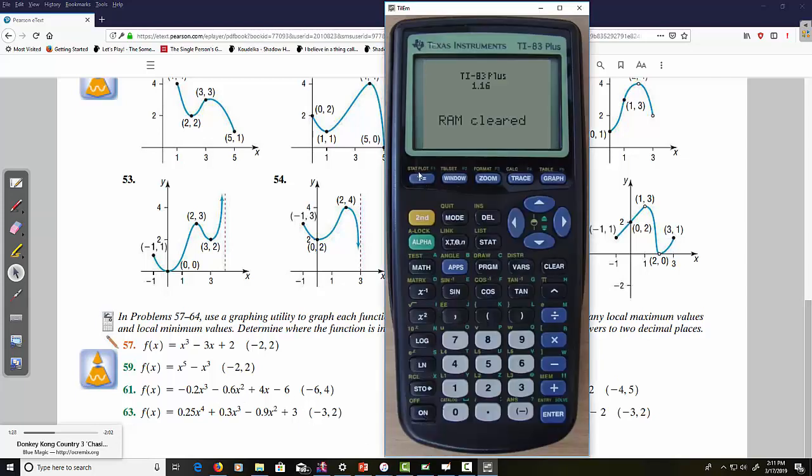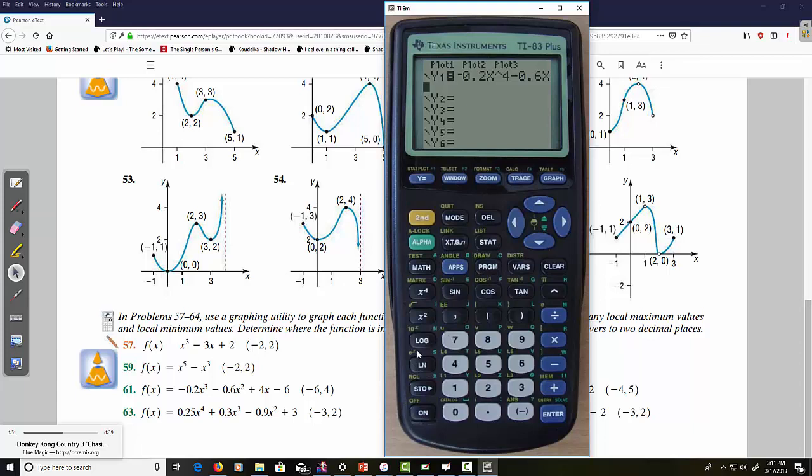Turn it on. Y equals 61. We have negative 0.2 x to the fourth minus 0.6. Don't really need to type in the 0. Oh, I got off, didn't I?